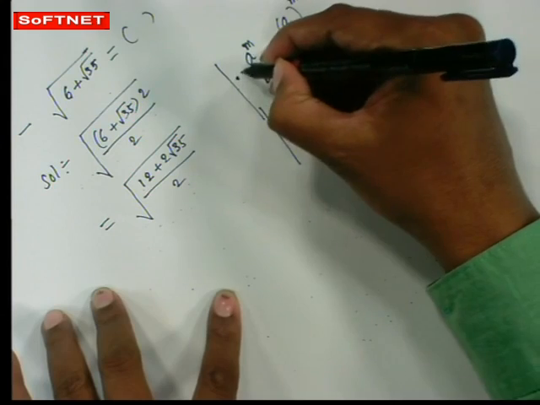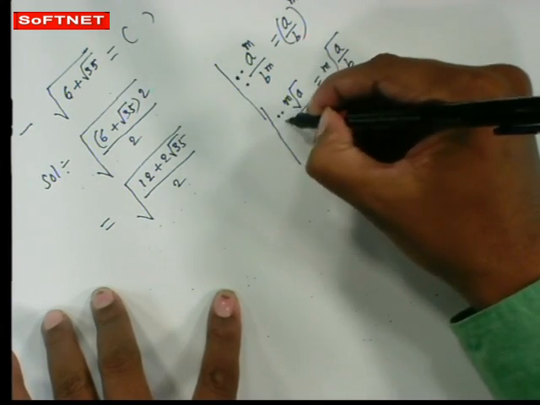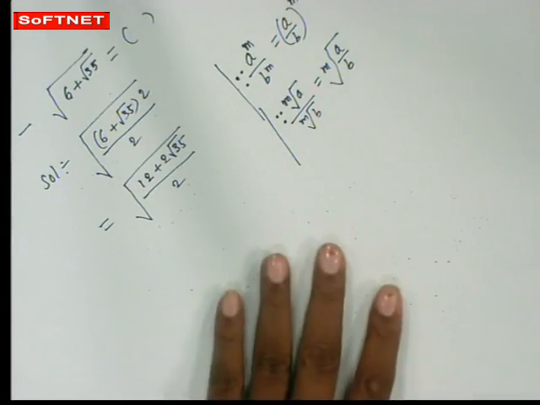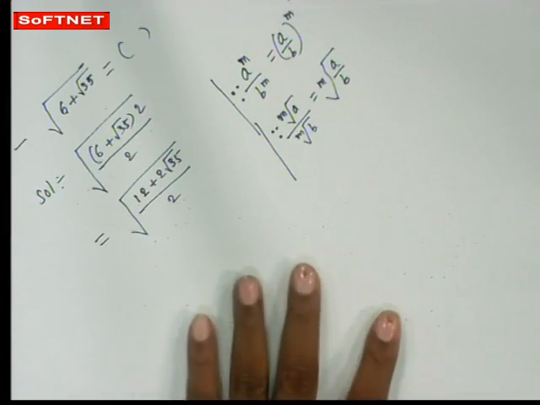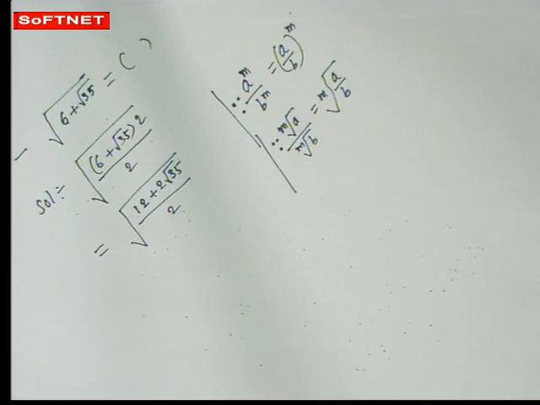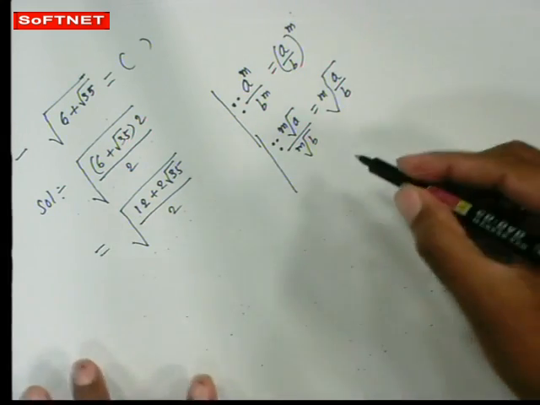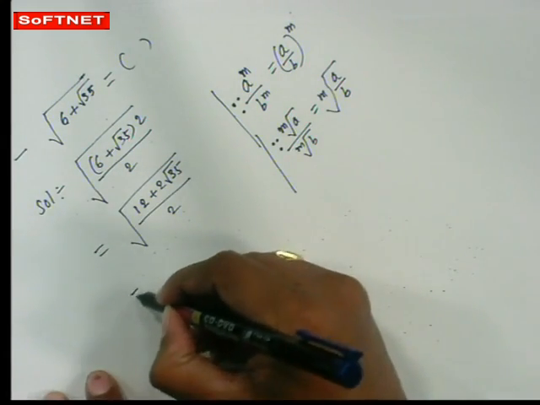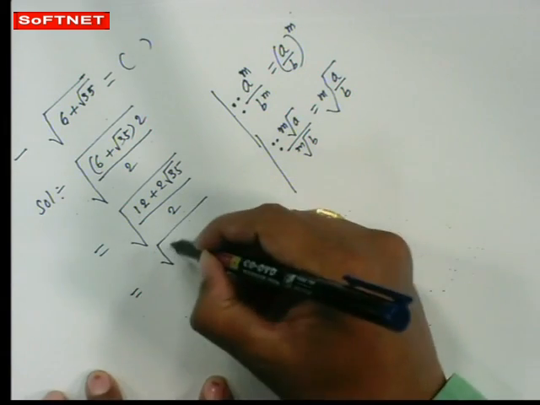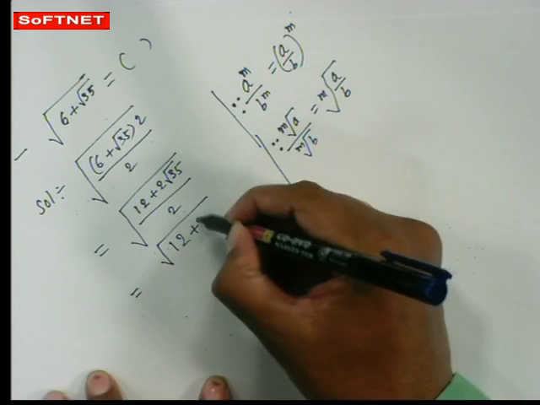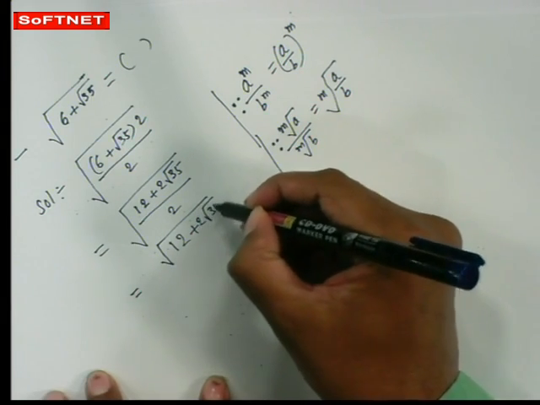These results we have to keep in mind, so the theory of indices plays a major role. That is why this can be written as square root of 12 plus 2 root 35, divided by root 2.